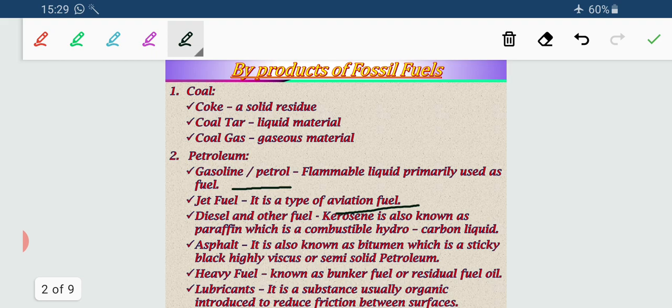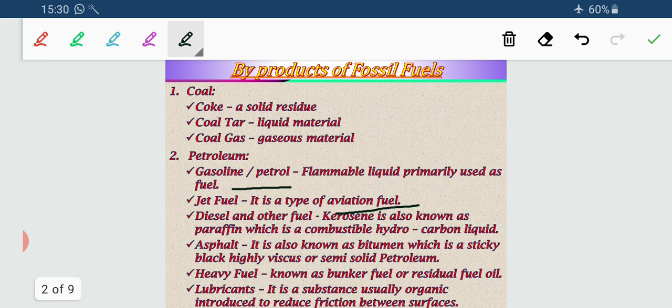If you have observed when the construction of a road is going on, at the end a very sticky material is poured on the entire surface of the road, and vehicles or those moving from that area are restricted because the tires or shoes get stuck with that sticky material. So that semi-solid sticky material is asphalt, also named bitumen.